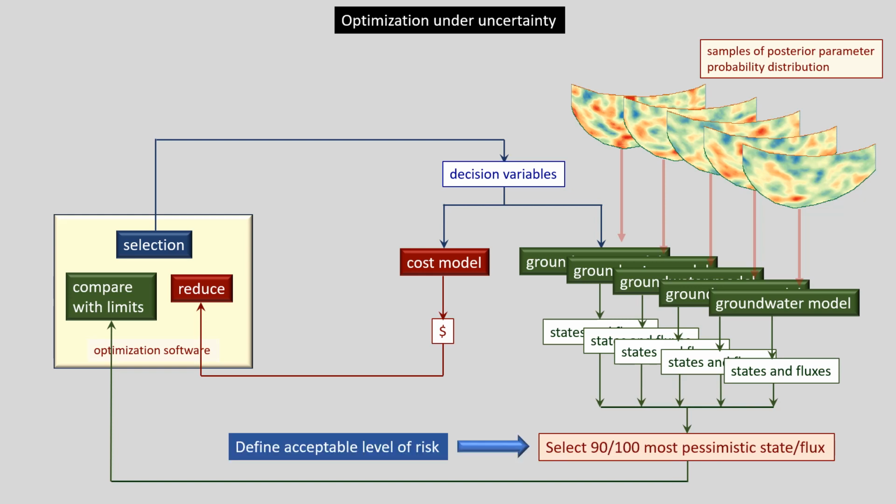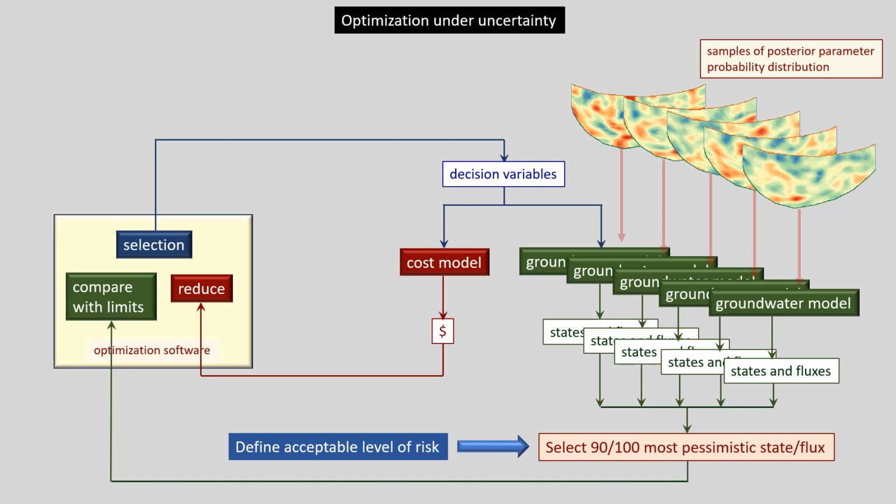Or we could say, no, that's perhaps just a little bit too risk averse. I might have, for example, 100 parameter fields here, 100 samples of the posterior probability distribution of model parameters. And I might decide to be risk averse but not entirely risk averse, and I'm willing to take perhaps a 10% chance that management won't be successful. So I might run the model 100 times and then select the 90th most pessimistic set of outcomes and use them as my constraints.